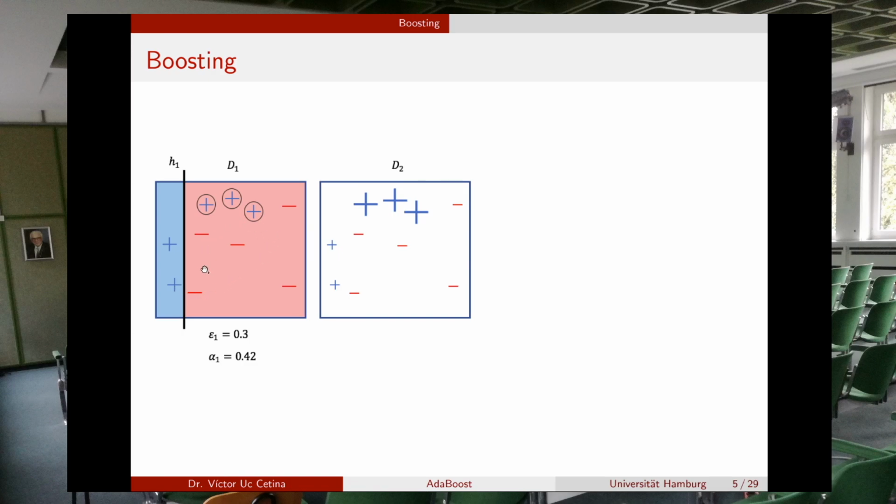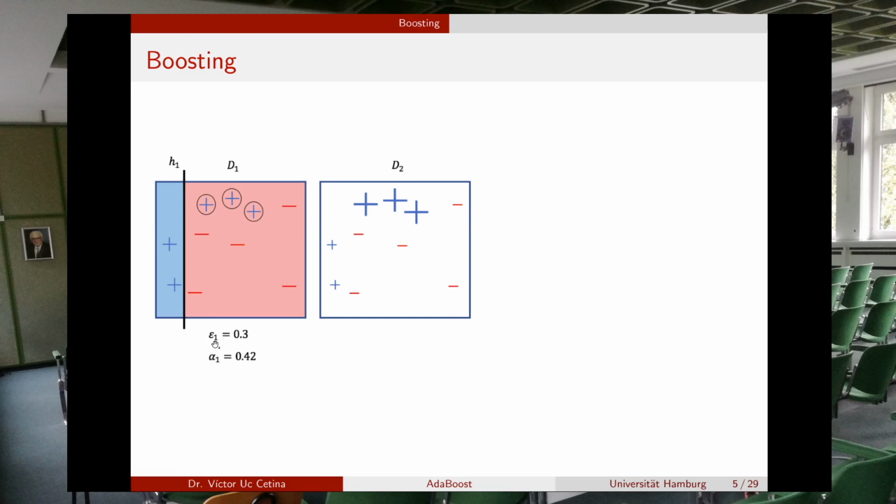So we have 10 examples. Initially all of them have the same weight, so the only way to get that is to assign 0.1 to each of the 10 examples. So since we have 3 mistakes, 0.1 plus 0.1 plus 0.1, that's going to be 0.3. So that's the error of our first weak learner, which is this vertical line.